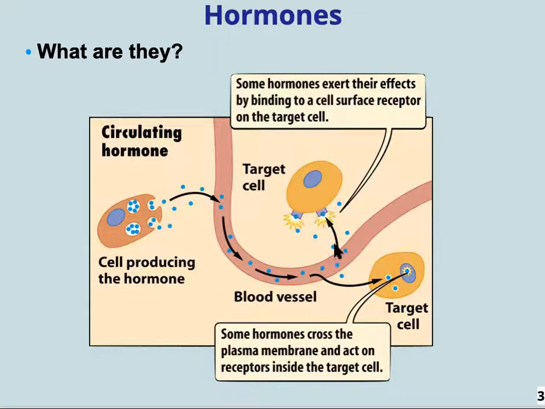There are certain hormones that exert their effect by binding to a cell surface receptor, a membrane receptor. While other hormones, usually the lipophilic ones, are able to cross the plasma membrane and act on some cytosolic or nuclear receptor.